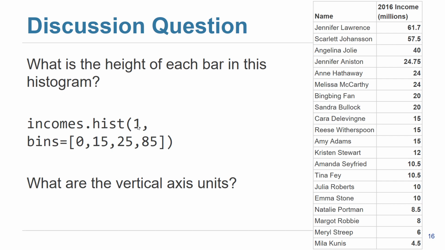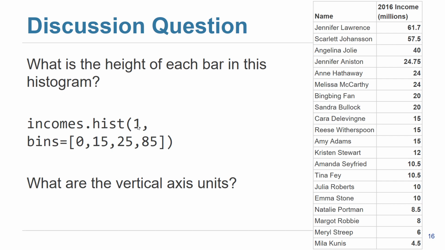Can you tell me? Divide the income. Okay, the percentage of the individuals in that bin over the size of the bin, right? Okay, now let's get the percentage of the population or the individuals within that bin.